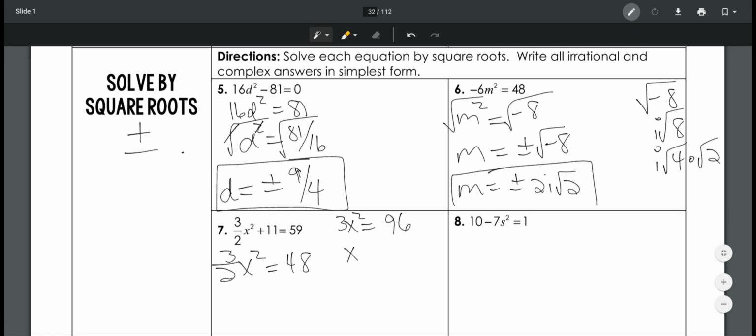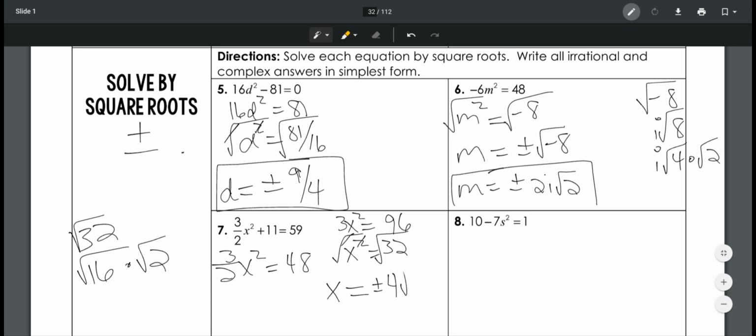And then when I divide by 3, I get 32. So when I take the square root to get rid of the x squared, I get x equals plus or minus the square root of 32. The square root of 32 breaks down to the square root of 16 times 2, and that gives me plus or minus 4 square root of 2 as a final answer.